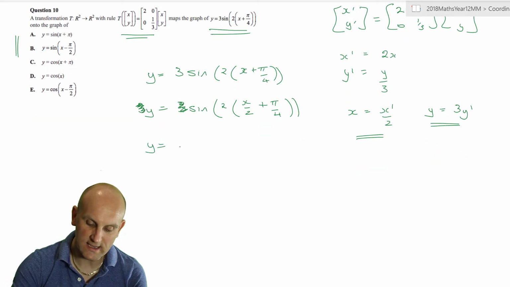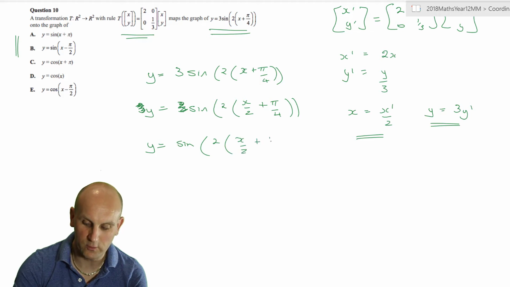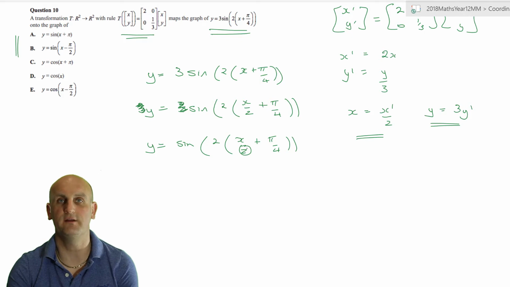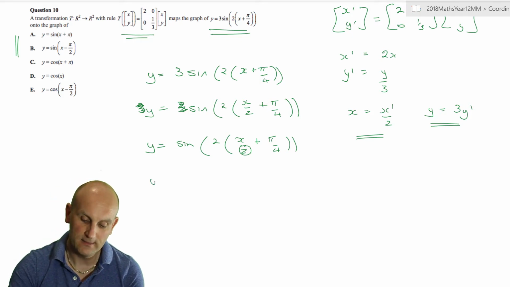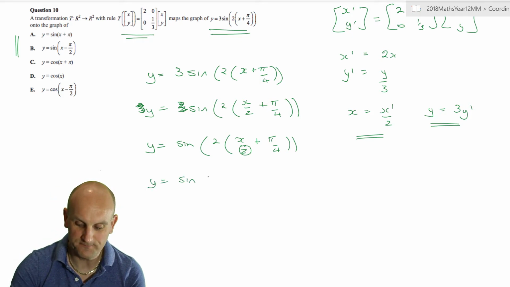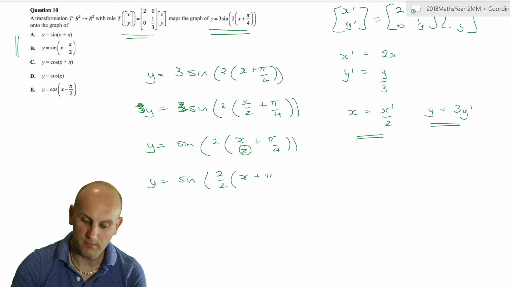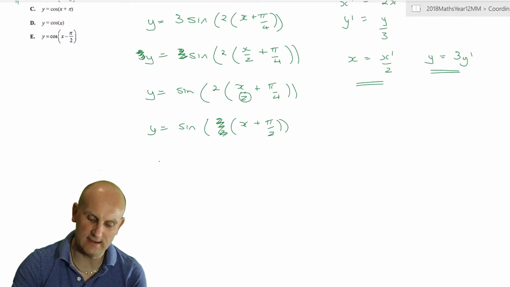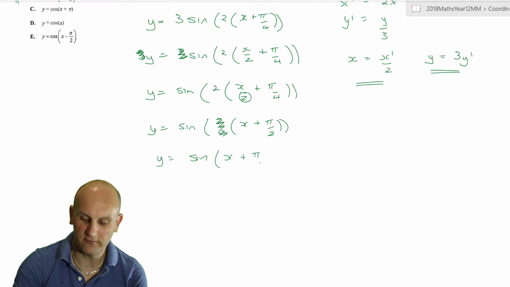And I've got y is equal to the sine of 2 lots of (x on 2 plus pi on 4). I'm going to take this 2 and halve it, taking a half outside the fraction. That's going to give me y is equal to the sine of (2 on 2 x plus pi on 2), which means they disappear, and I get that y is equal to the sine of (x plus pi on 2).